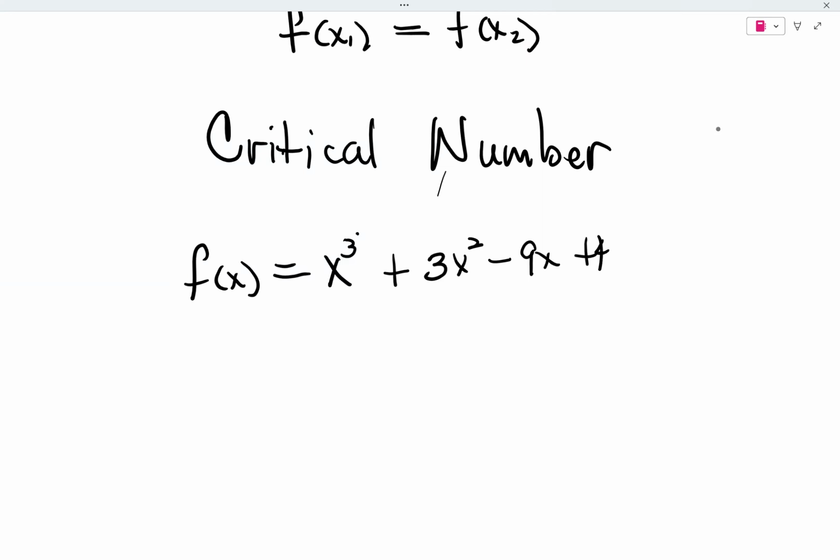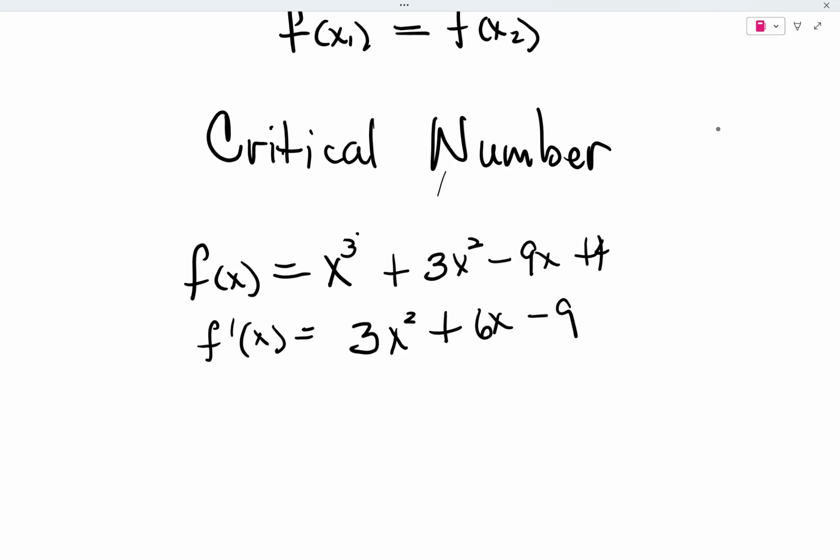And what we want to do now is we want to find that first derivative. This is why we've been talking about derivatives this whole time. This gives us a new expression called 3x squared plus 6x minus 9.